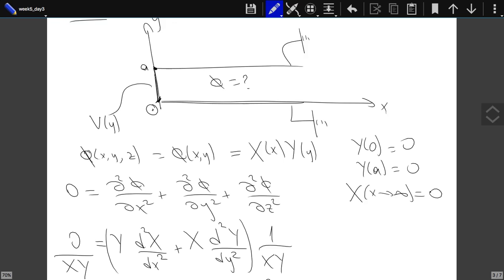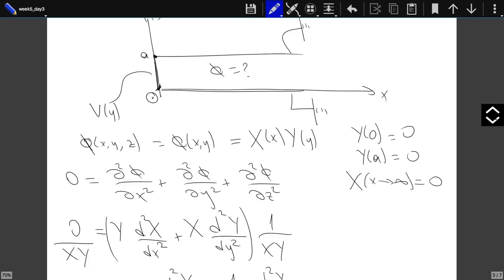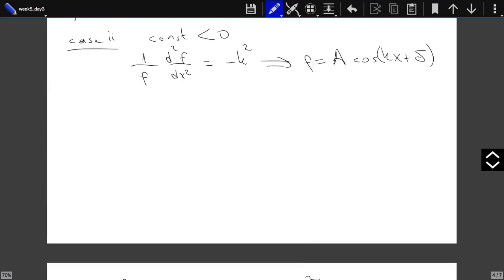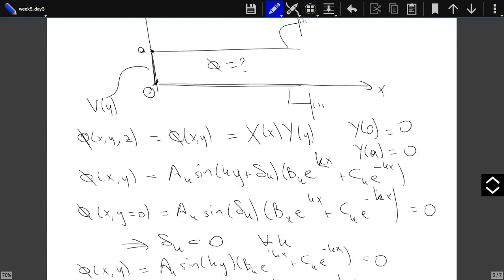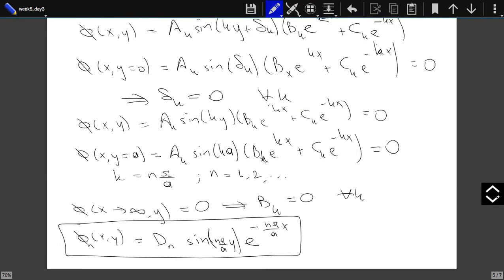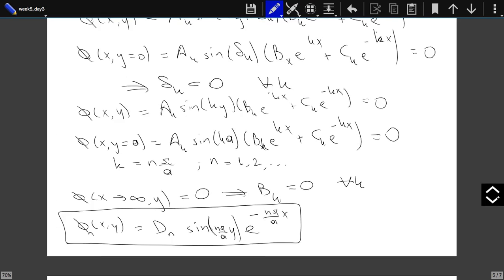So I impose those conditions on my ansatz, or assumption, and I obtain possible solutions for X and Y, and hence my phi, assuming that it is a product of functions of a single variable. This is the part that depends only on x. This is the part that depends only on y.